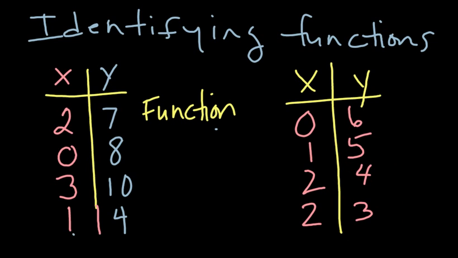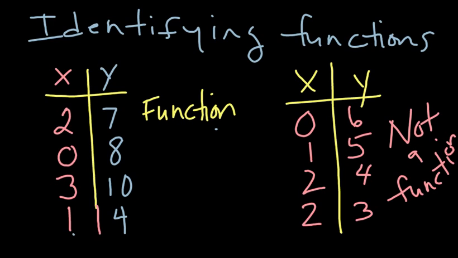To be a function, you have to only get one output for each input. So if I put 2 in, I get sometimes 4 and sometimes 3. That means this is not a function. Totally not a function.